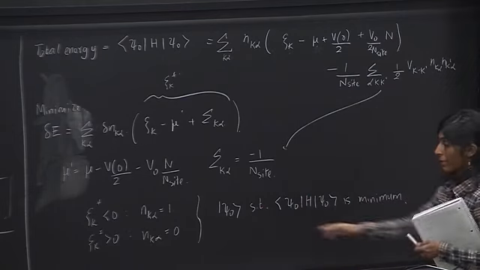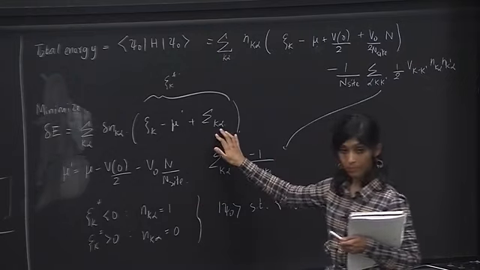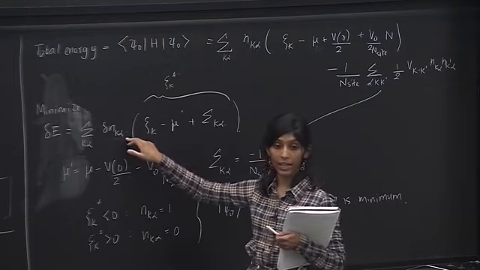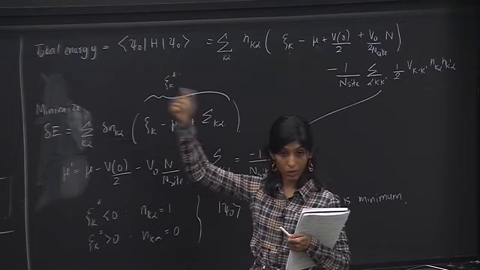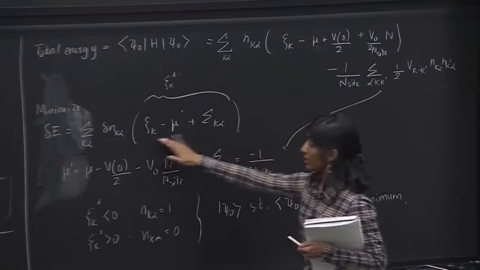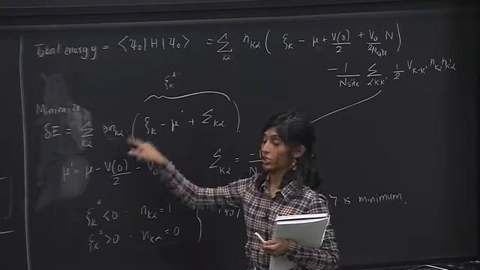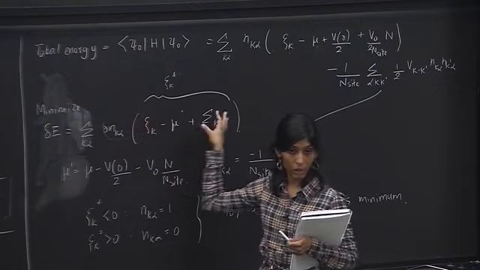Okay. And so how do I see this? Well, whenever this is negative, if it's occupied, then delta n is negative, right? It goes from 1 to 0. And so this product is positive. Whenever this is positive and it's unoccupied in the ground state, the change in delta n will be positive. So this product is positive.